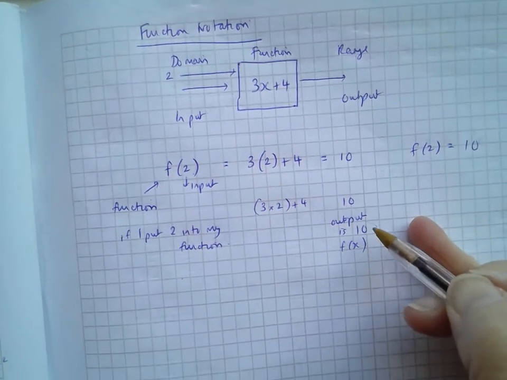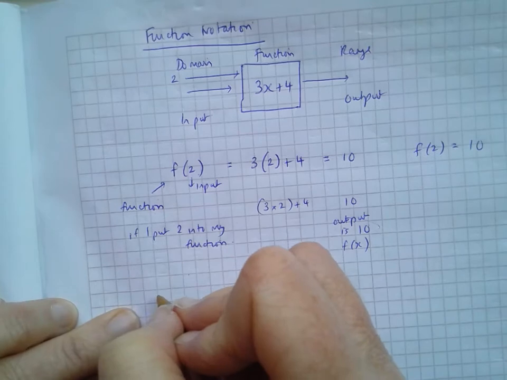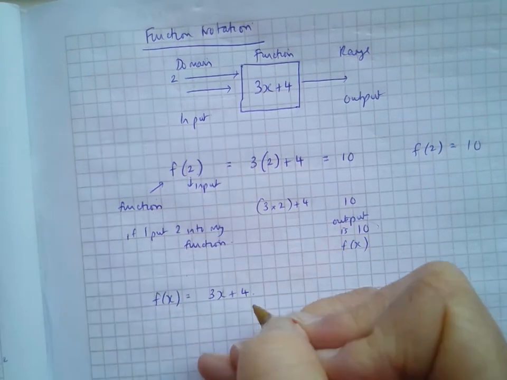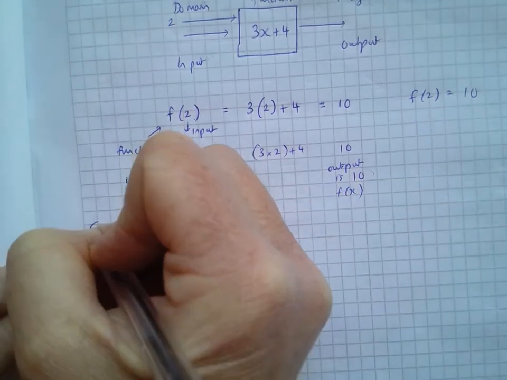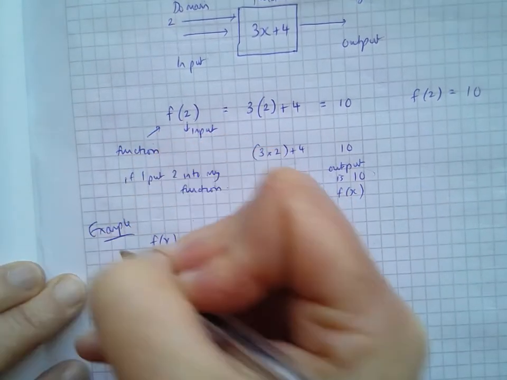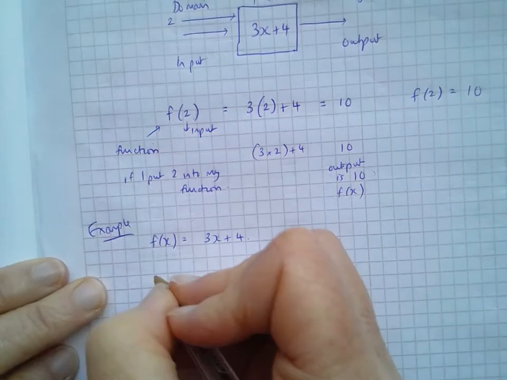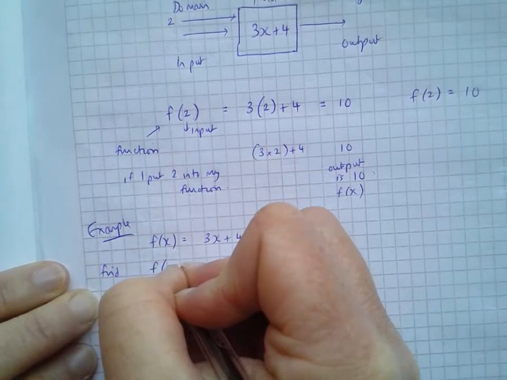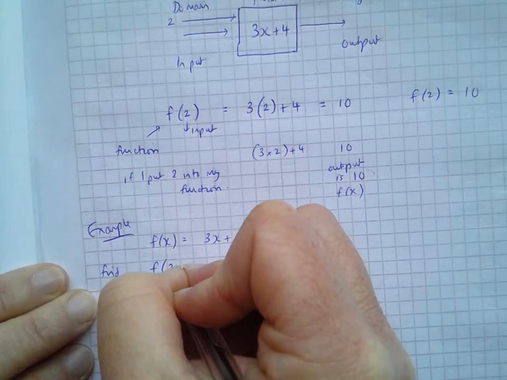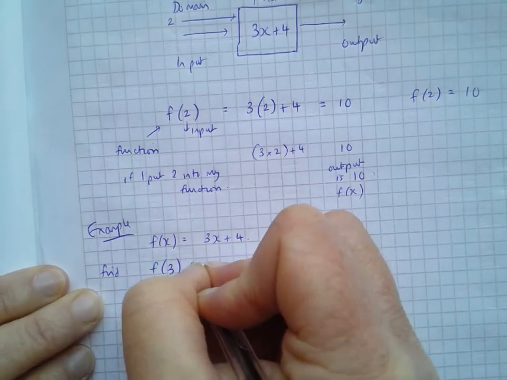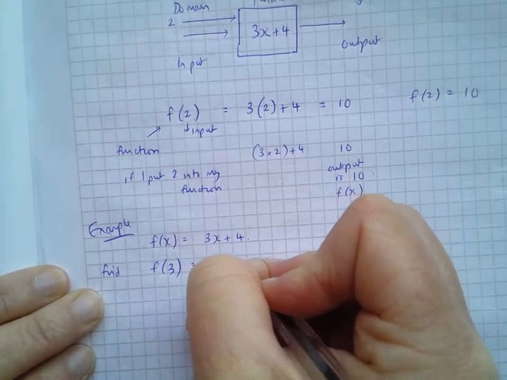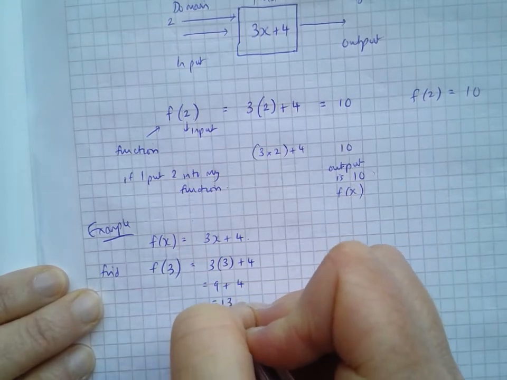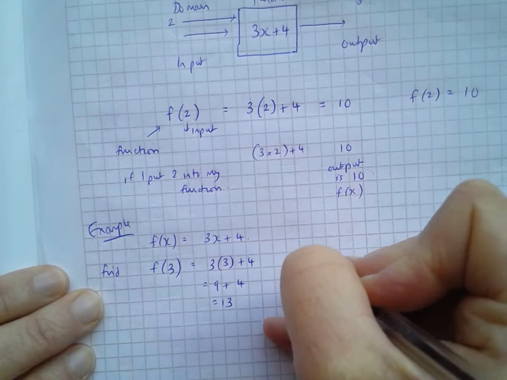So say I told you that the function f of x is equal to 3x plus 4. This is an example. Okay, f of x is equal to 3x plus 4, and I say find f of 2. Well, we just had that. Find f of 3. F of 3 is going to be 3 by 3 plus 4, which is 9 plus 4, which is 13. So f of 3 equals 13.